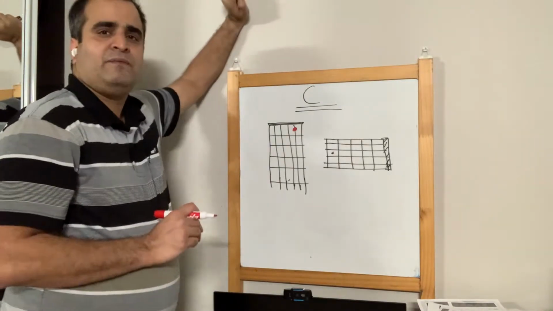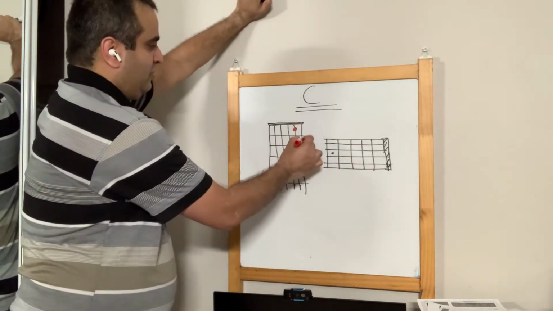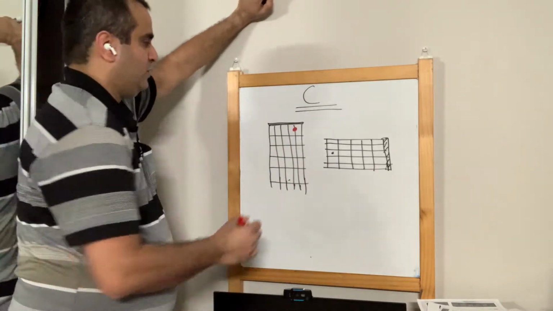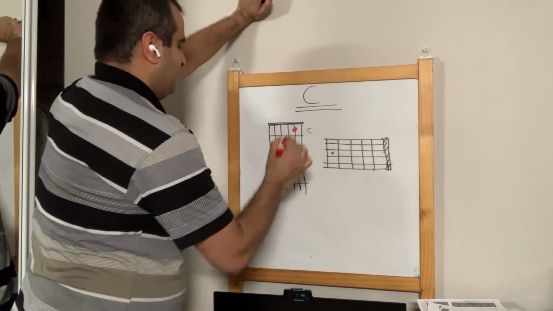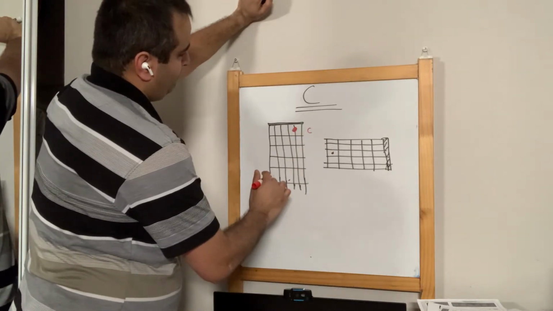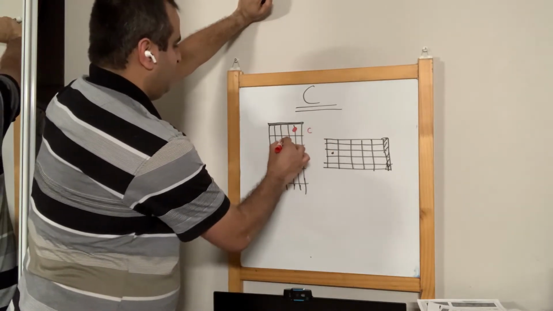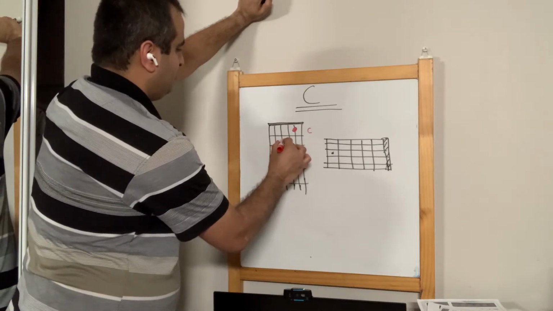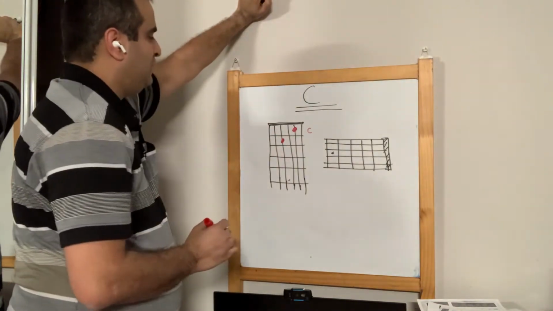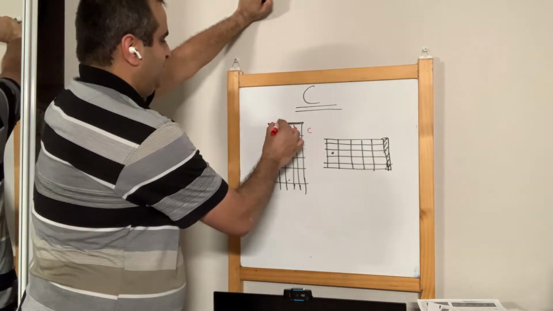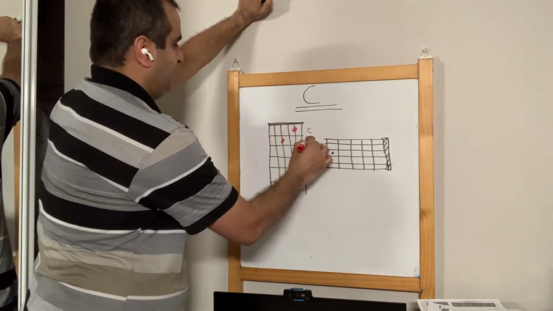There I have explained what each fret of each string is called. Okay, so this is our C note. And then we play fourth string, second fret. And fourth string, second fret is this, D sharp, E.